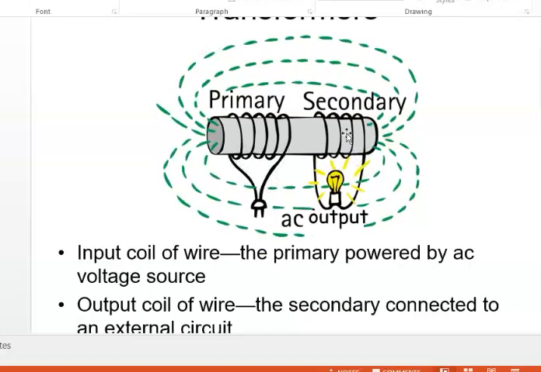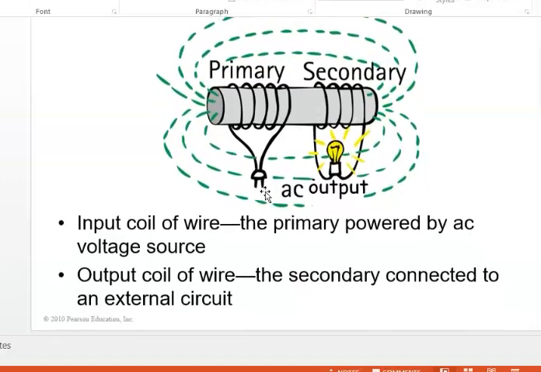But these coils are not in contact with each other. There is no electrical contact between the two coils because the coil is insulated. Although it is wrapped over the iron core, it is an insulated coil, so it has no electrical contact with one another and not even with the iron core.